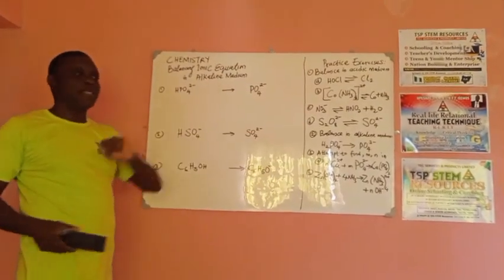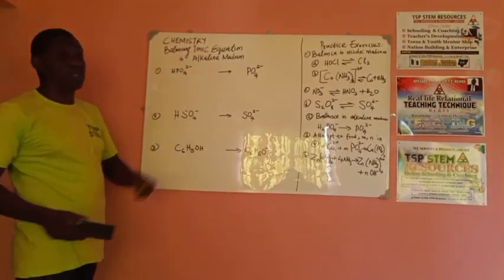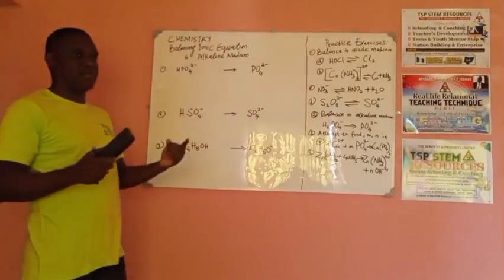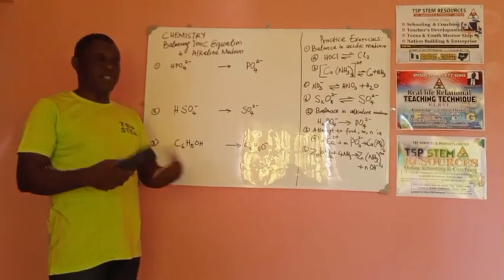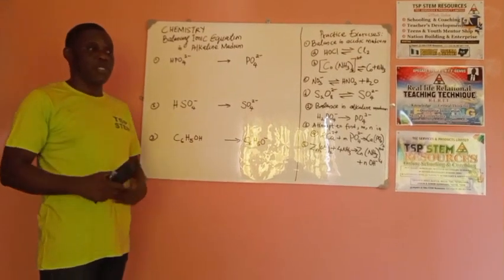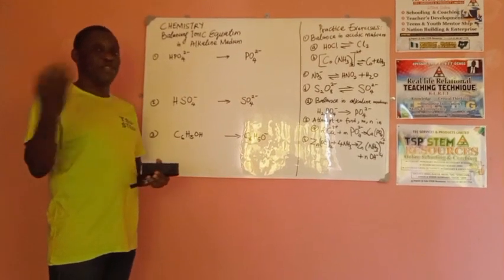You will recall in my last video that we did balance chemical equation in acidic medium. Now you need to take note of the differences between balancing those two equations, whether you're balancing in acidic medium or in an alkaline medium.